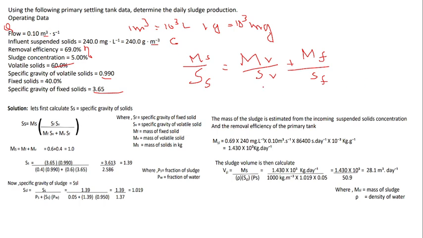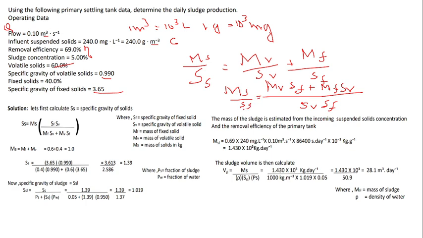Just cross multiply these, we will obtain Mv into Sf plus Mf into Sv, which is the specific gravity of volatile solid, divided by Sv into Sf. So this is equal to Ms by Ss.